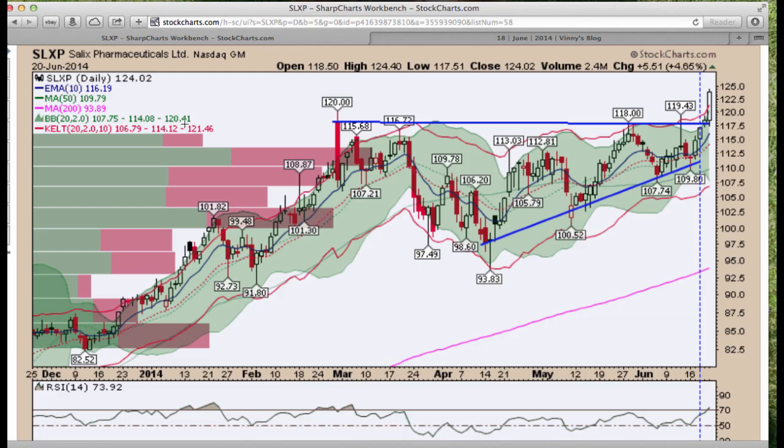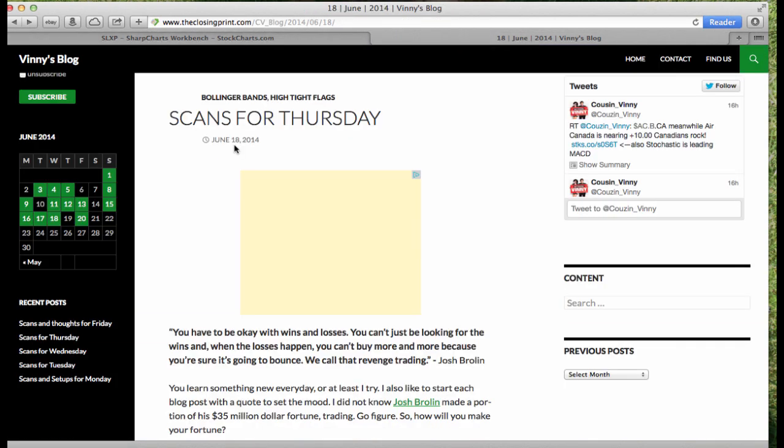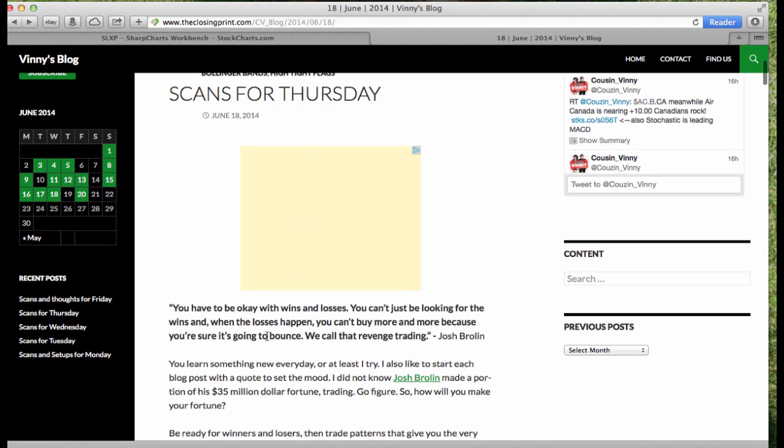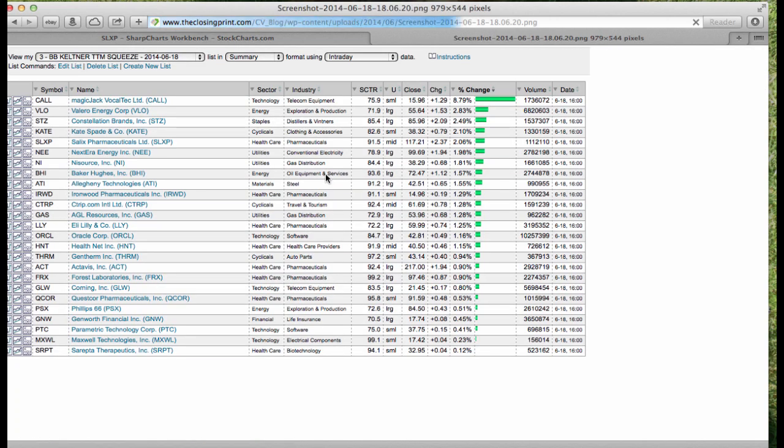So let's take a look at another example, one that got quite a bit of attention on Thursday and Friday. On Wednesday, we sent out a blog post Wednesday night for a Thursday trade. We had SLXP on the scan right here.